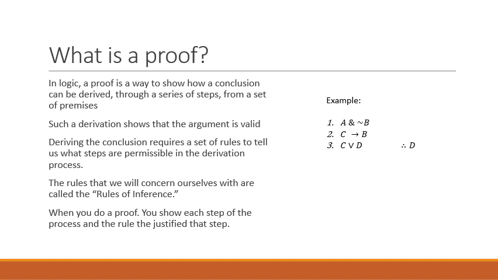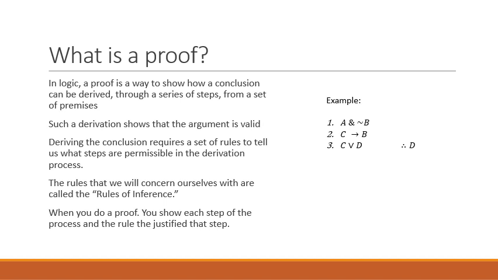So when we're given an argument in this section, the premises will be on the left, listed and numbered. That's going to be important, as you're going to see, because they're going to be part of this step-by-step process.